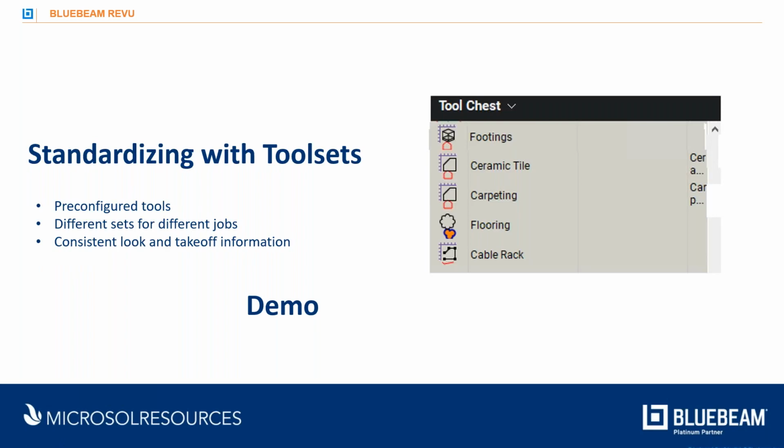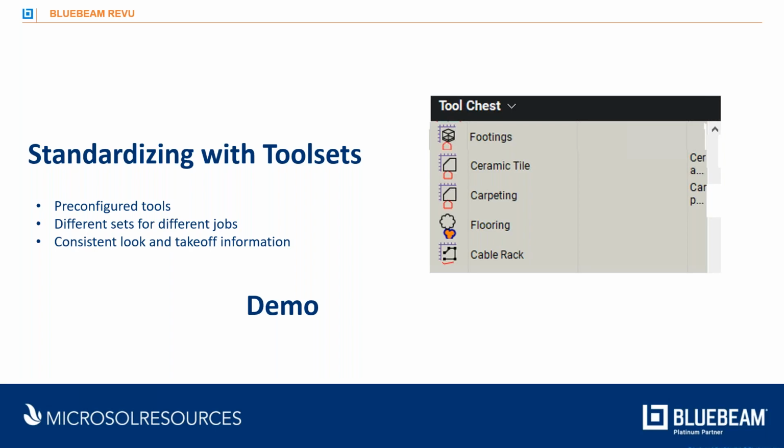What we really want to do is standardize. Standardizing with what are called tool sets. So tool sets, there are some that ship, there are some you can download off of the Bluebeam website. But in your office, you are going to want to customize.